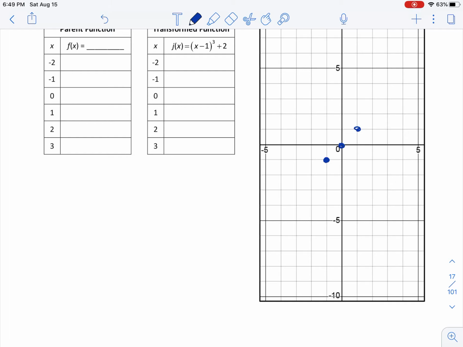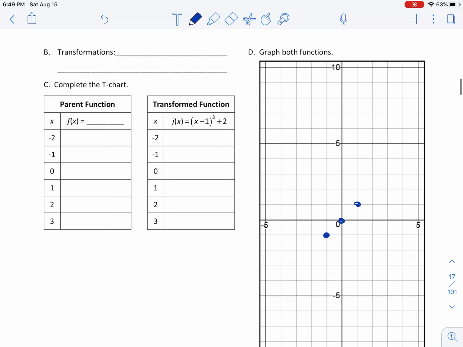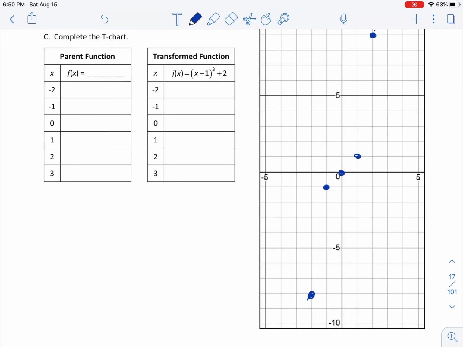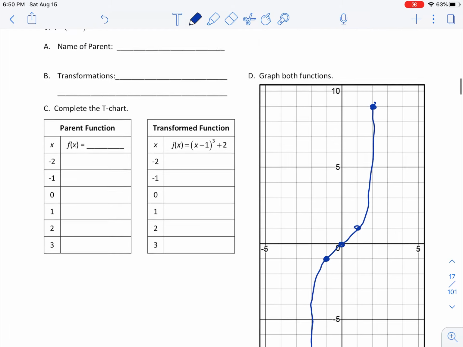Zero, 1, 1. 2 cubed is 2 times 2 times 2, which is 8. Notice I am going all the way to that point there. I almost always go from -2 to +2, and then you'll move them based on the movements.